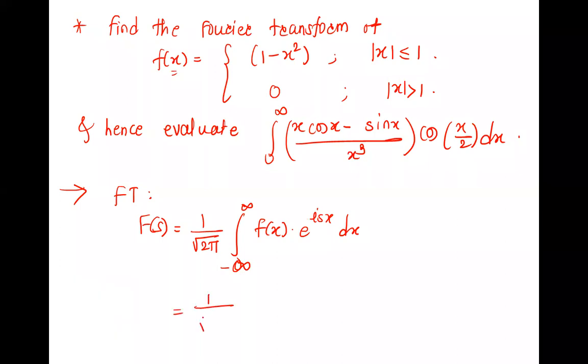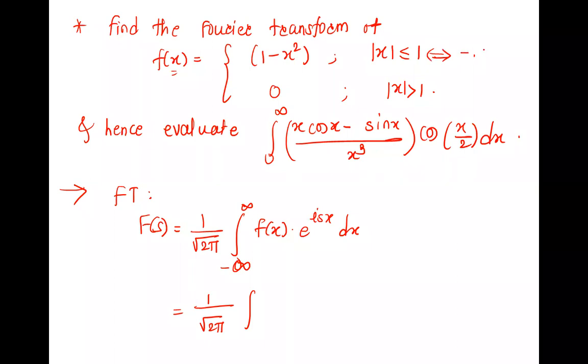So 1 upon root 2 pi. Integration limits are? Go to the function and tell me the limits. Function f of x is defined on these two intervals. This is 0, so it is gone. No need to write this. What is this interval?